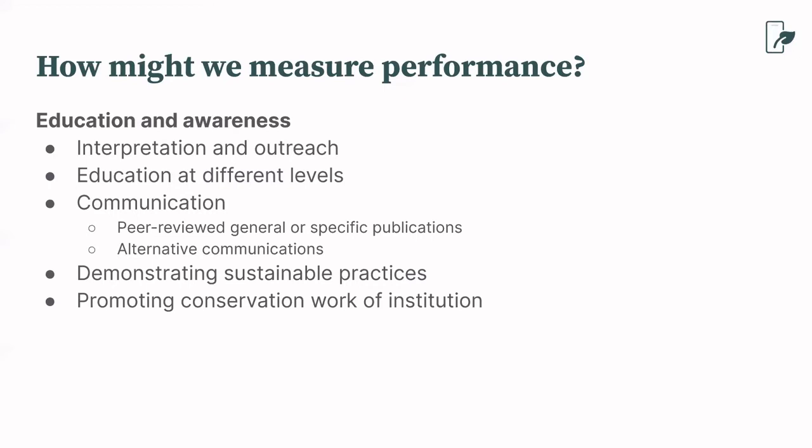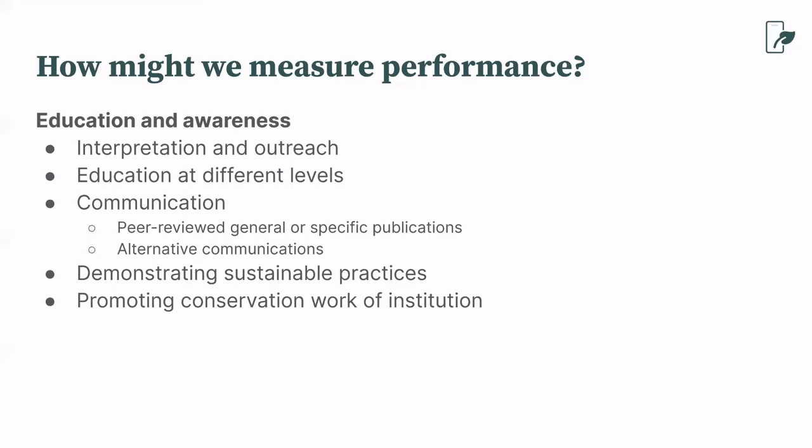It's also good to think about how you demonstrate sustainable practices in the garden or the way you promote conservation work, not only in your institution, but also for your collaborators as well. And as I mentioned, some of these can be a bit more difficult to quantify, but they're still important in thinking about performance and how we measure it.